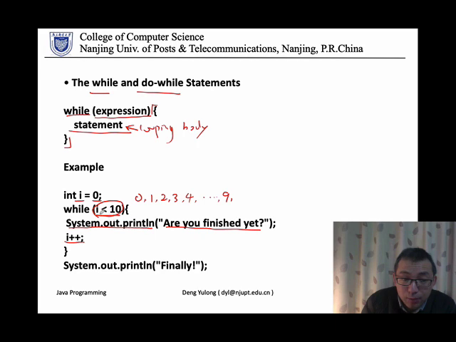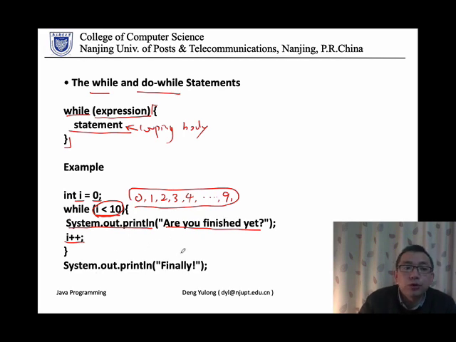When I becomes 10, this expression is evaluated as false, so the looping will end. So this looping body will be executed 10 times, and we get 10 lines of the string "Are you finished yet?" on the screen.